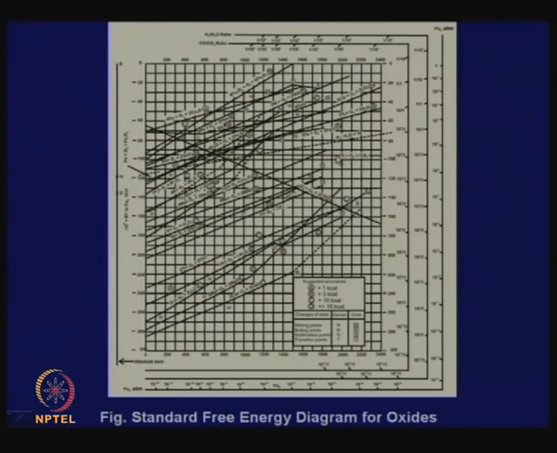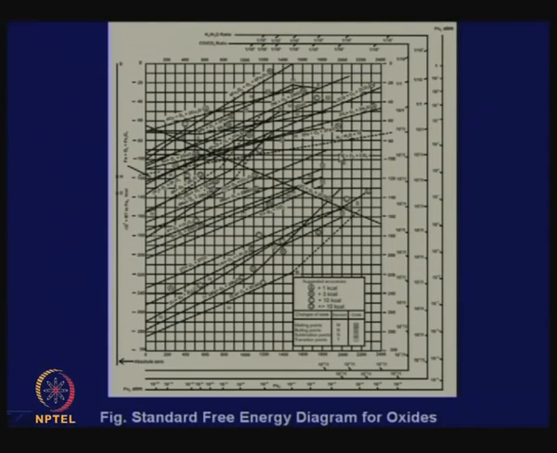In this reaction, there is no entropy change, because you have a gas phase on the left hand side, the same amount of gas on the right hand side, the gram moles, same volumes, and therefore, since same number of gram moles on the left hand side, same number of gram moles on the right hand side, there is no entropy change. Therefore, delta S naught is 0, and therefore, this line is horizontal.